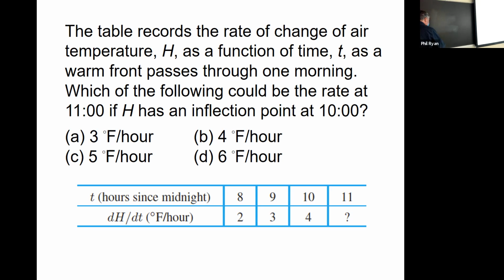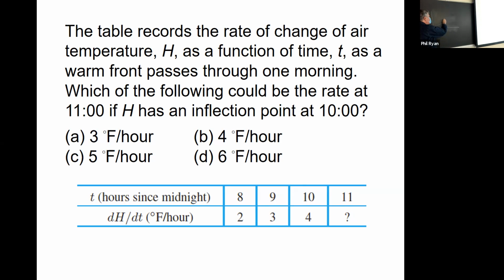This one's a little bit harder. So let's turn it into something graphical because that's something we can understand. At 8 o'clock, 9 o'clock, and 10 o'clock, the derivative was 2, 3, and 4. So what's happening to the slope? It's increasing. So it's something like this, so we definitely see something that's concave up.